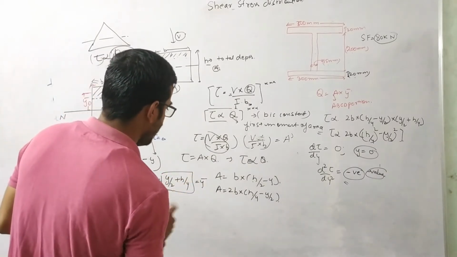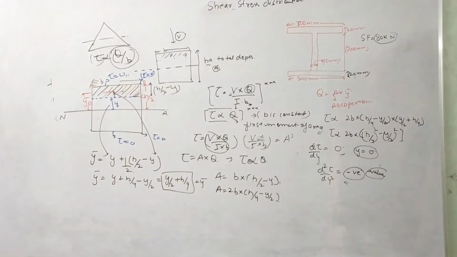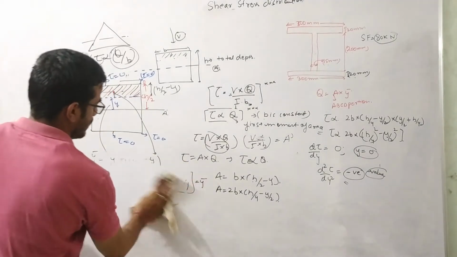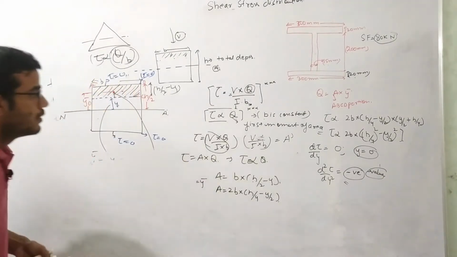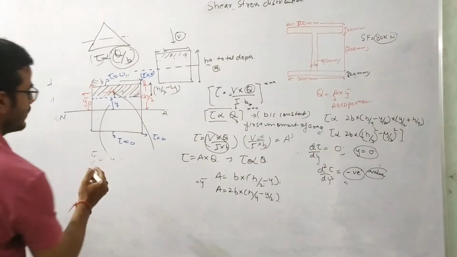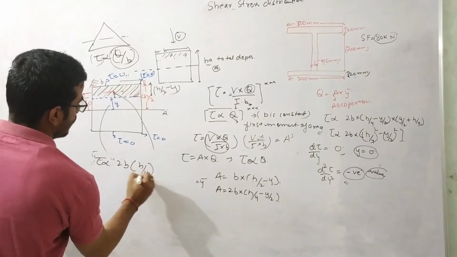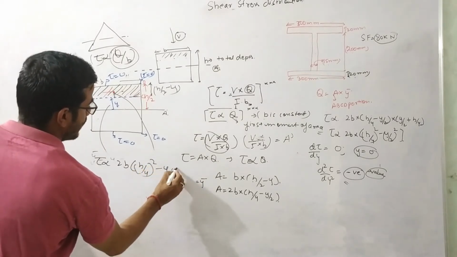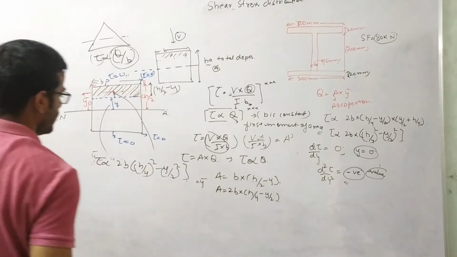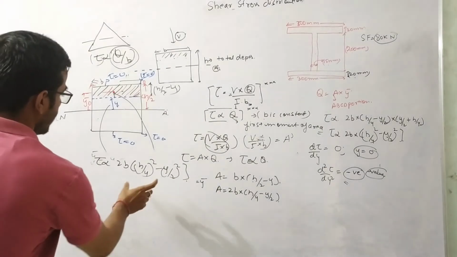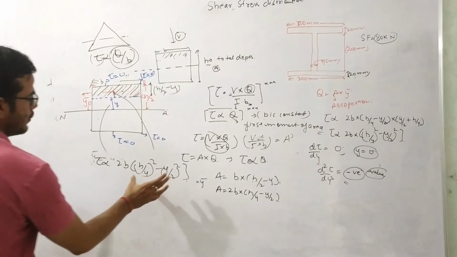Now the shear stress variation will be tau directly proportional to 2b ((h by 4) whole square minus (y by 2) whole square), and from this formula you can see that the variation is parabolic.